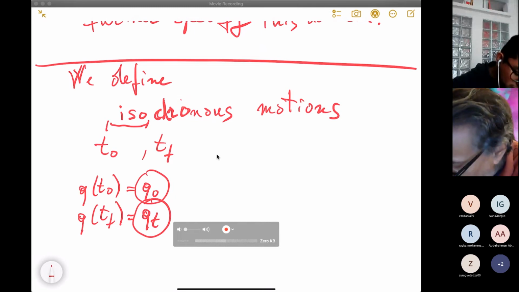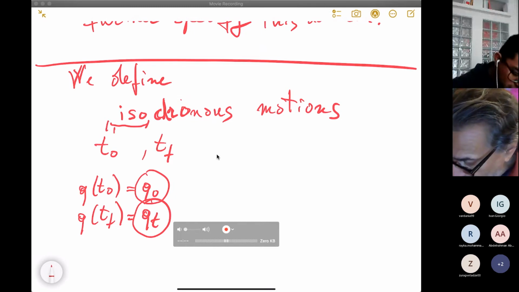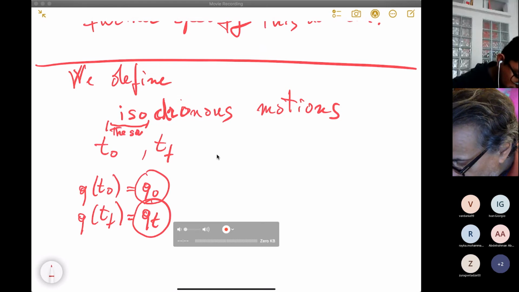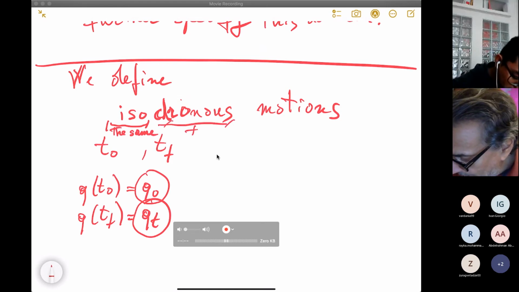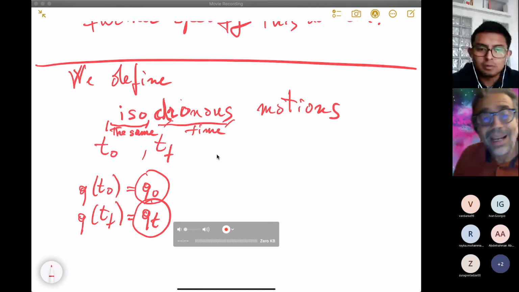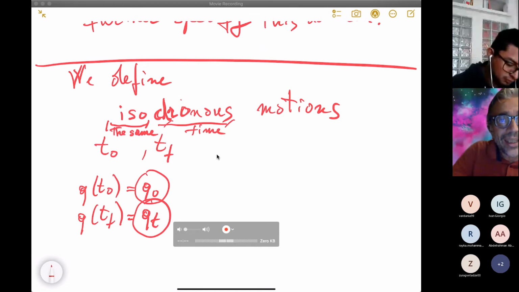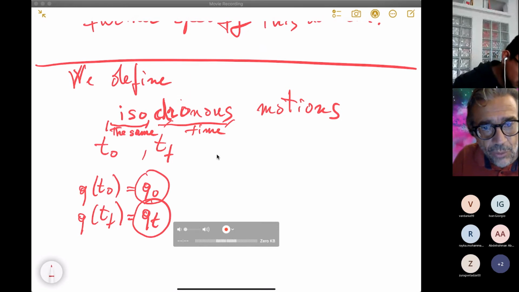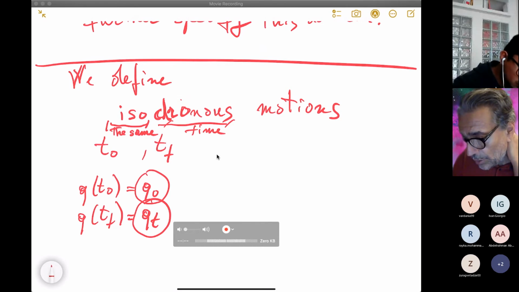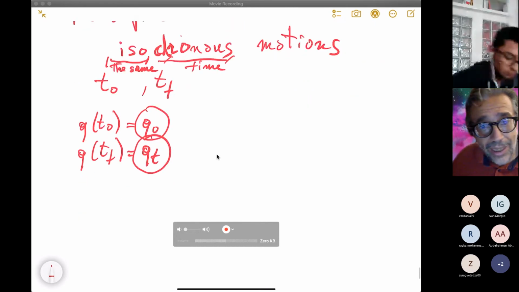Iso means the same in Greek. Chronos is time. At the same time, they are in the same configuration. This is what this Greek word means.